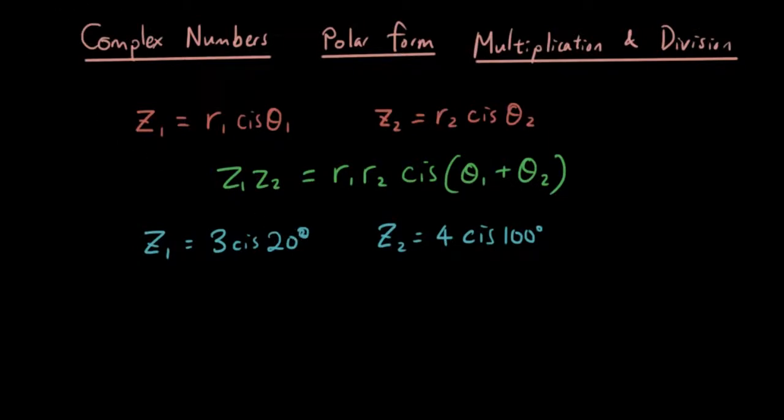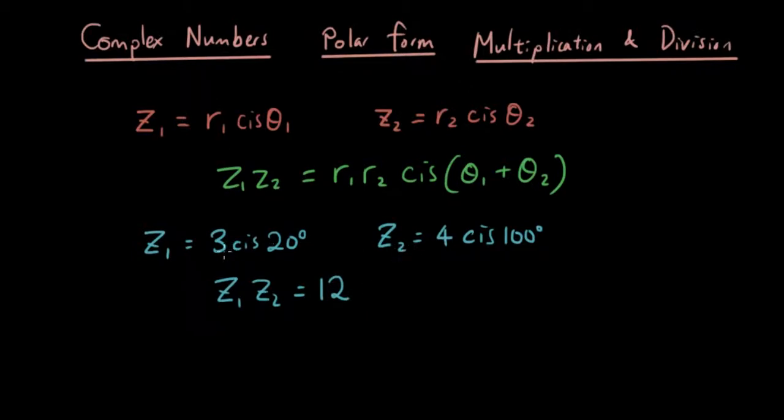This symbol here is actually degrees, and Z2 equals 4 cis 100 degrees, and what we want to do now is find out what Z1 times Z2 is, and all you have to do is multiply 3 by 4, which will give you 12.